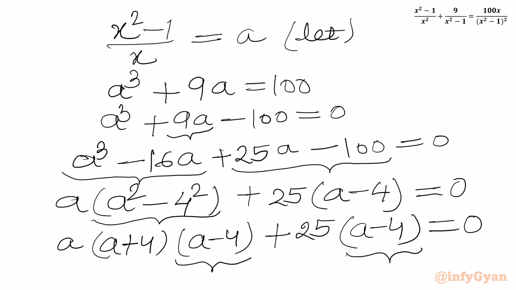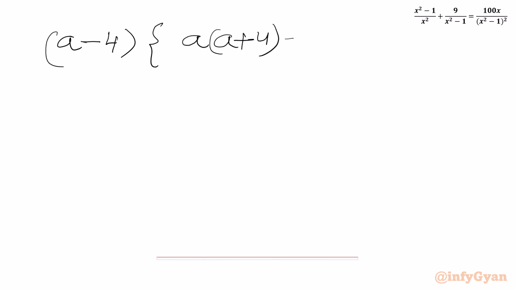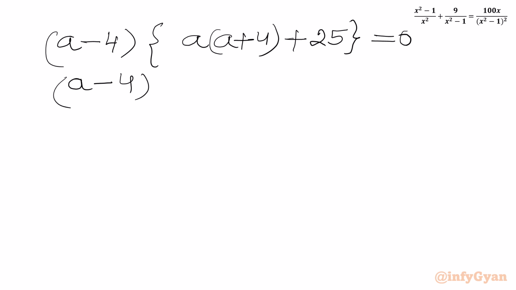In the other bracket we will get a(a + 4) + 25. Right hand side is 0. Or we can write (a − 4)(a² + 4a + 25) = 0.